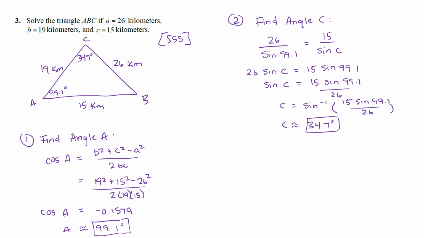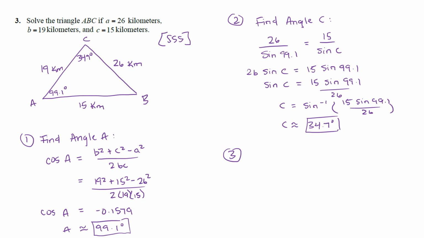All right, now that we know two angles, we just need our third angle, which is angle B. Okay, so we can now take the two angles and enter them into our triangle sum formula.